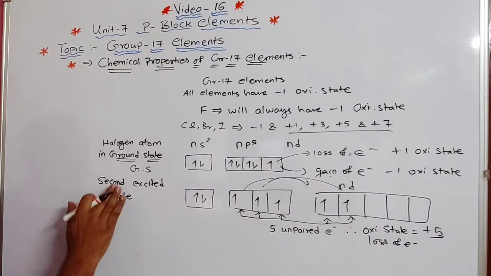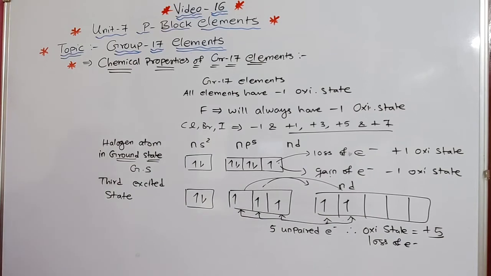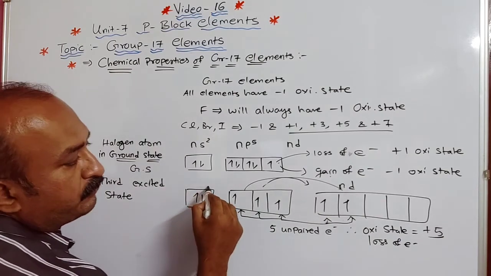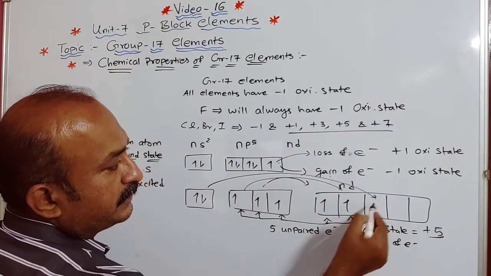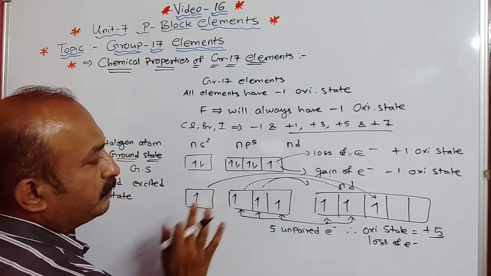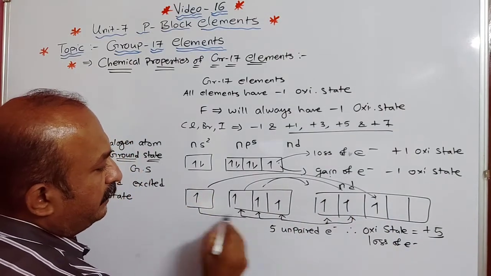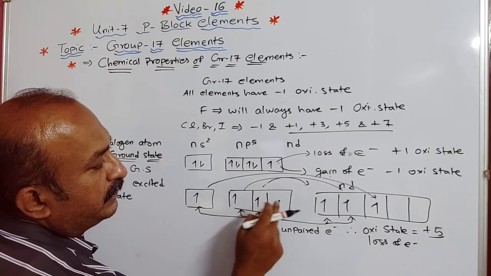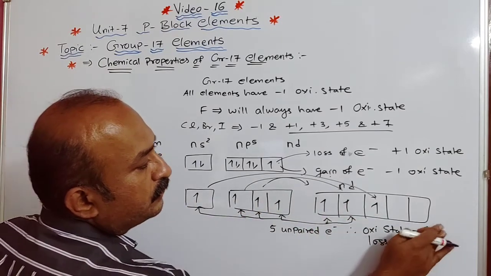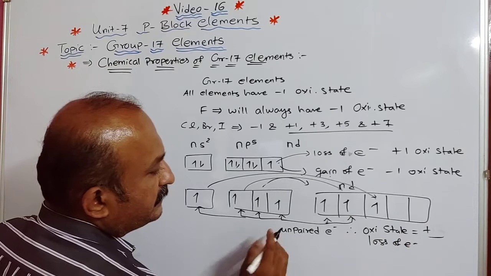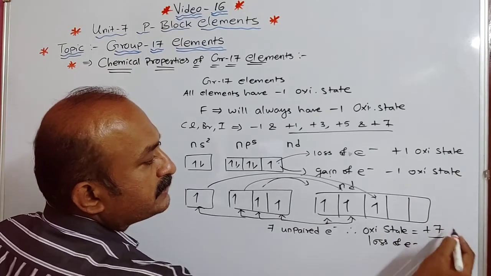Understood? Then the third excited state: this electron will move from here to this position, and if you count here, 1, 2, 3, 4, 5, 6, 7, so the oxidation state due to 7 unpaired electrons will be +7.